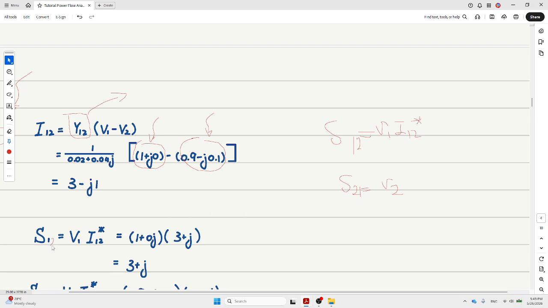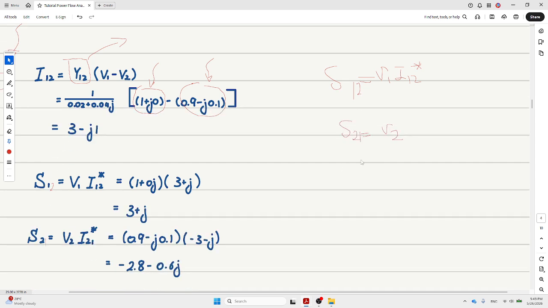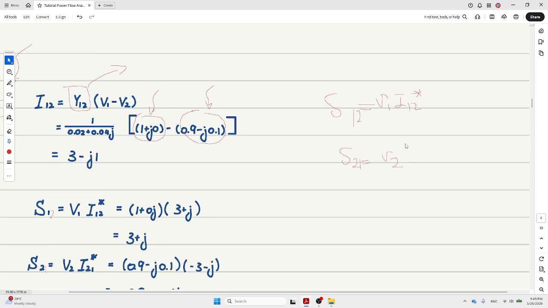So this is S12, this is S21. Just look carefully here. Here is I12, and here we calculated I12. The conjugate value here is 3 plus 1j, correct?